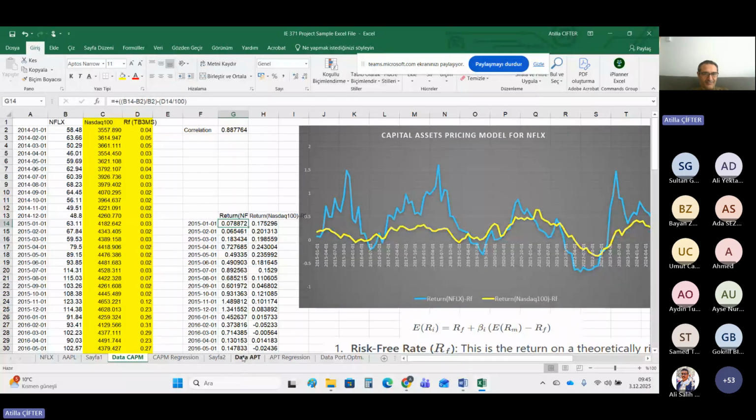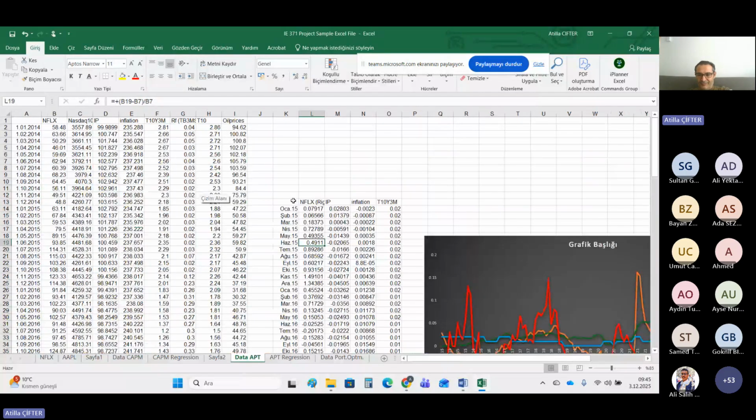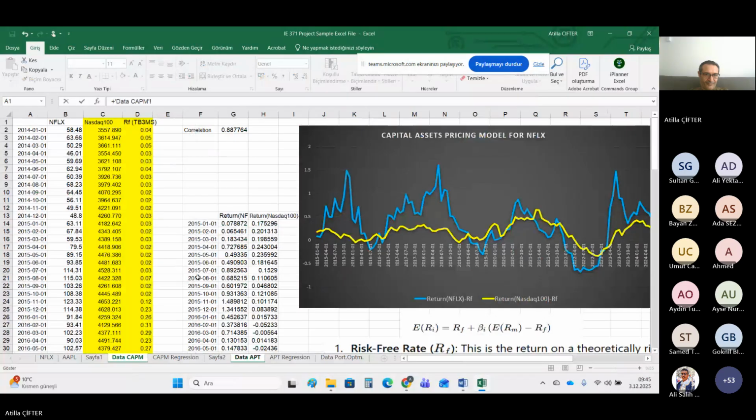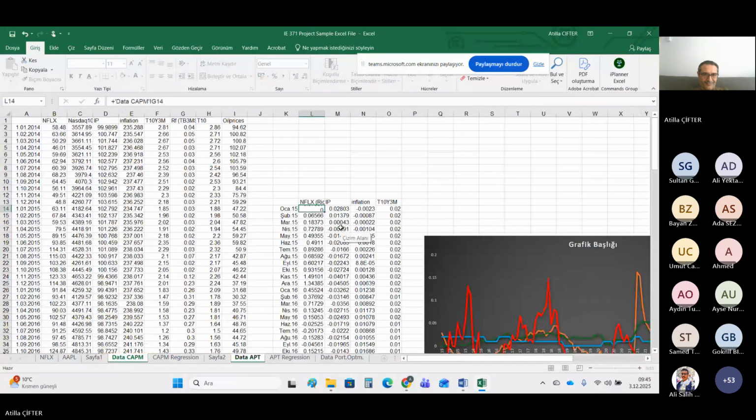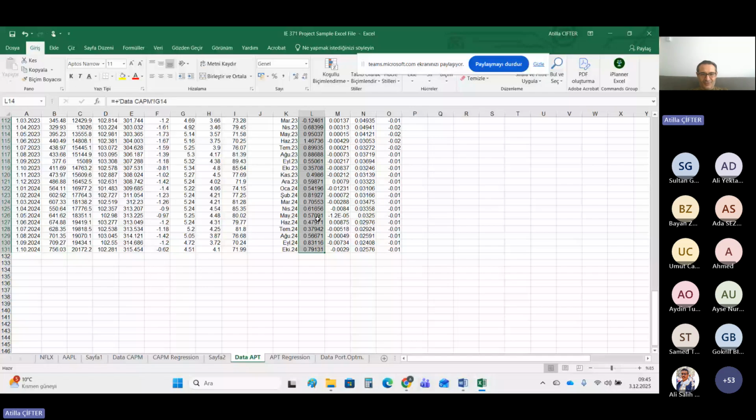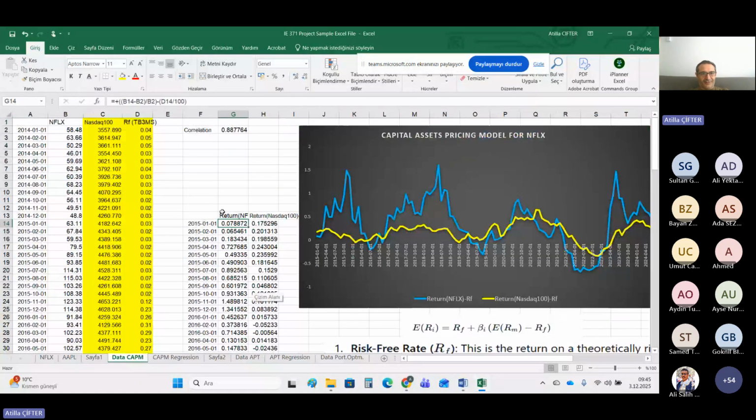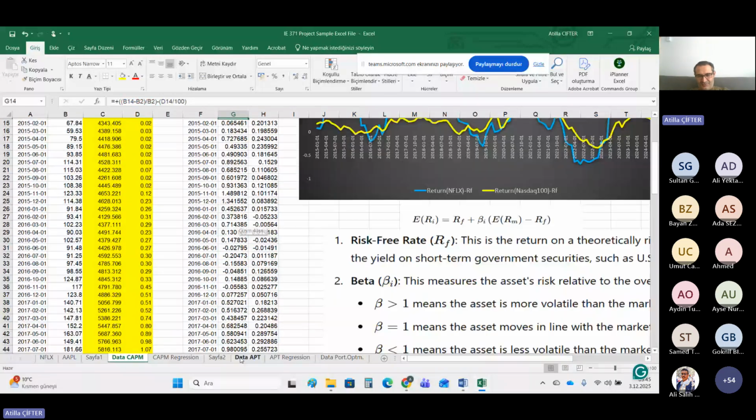So let me just link it to here. Now we have new observations taken from the adjusted excess return for Netflix, you can see, right? So I can also update the file and send it to you.